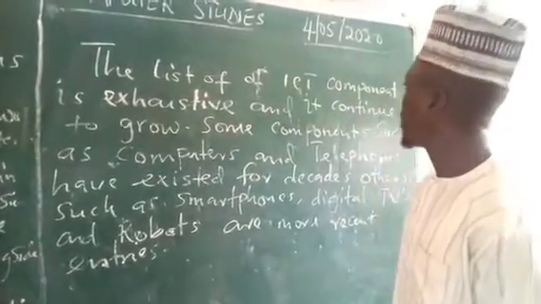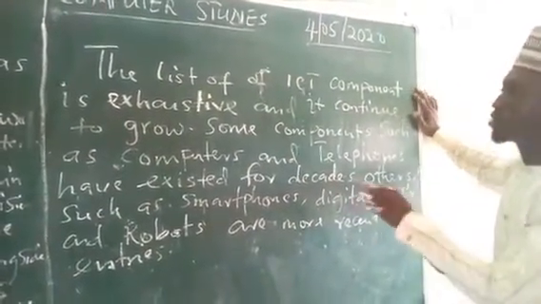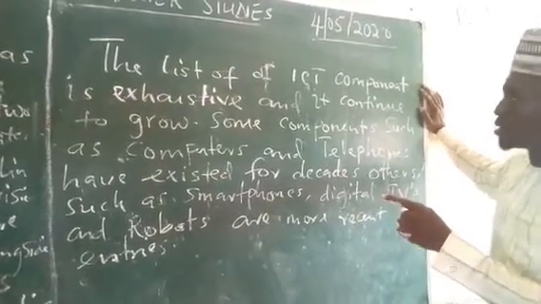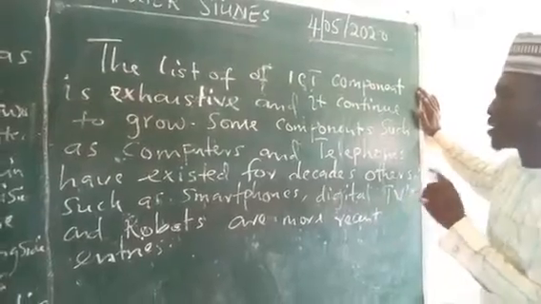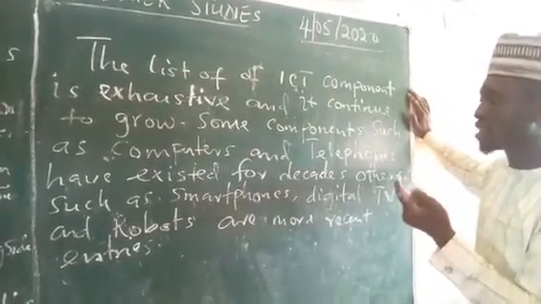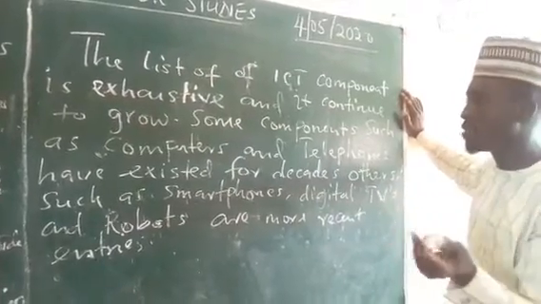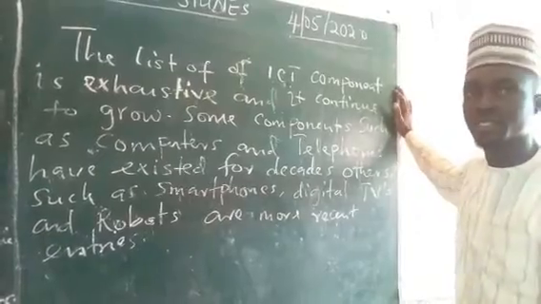The list of ICT components is exhaustive and it continues to grow. Some components, such as computers and telephones, have existed for decades. Others, such as smartphones, digital TVs, and robots, are more recent entries.